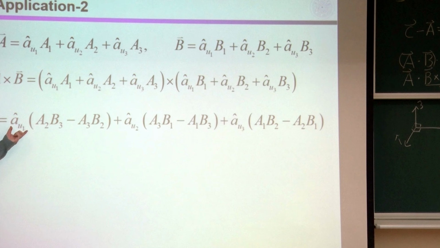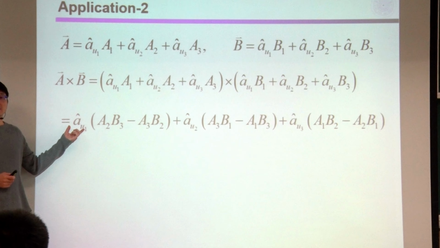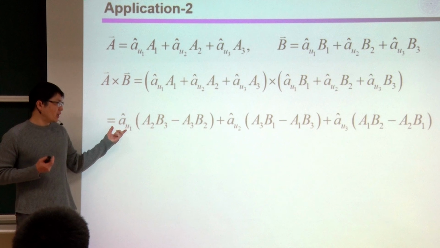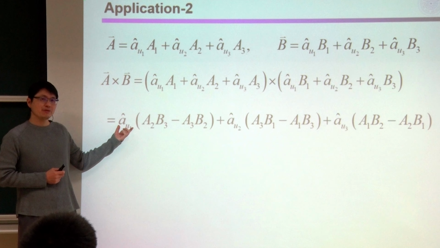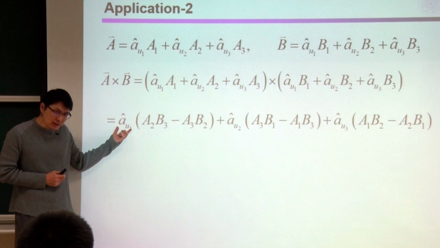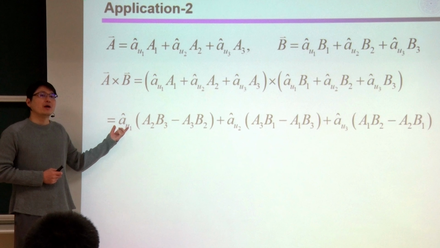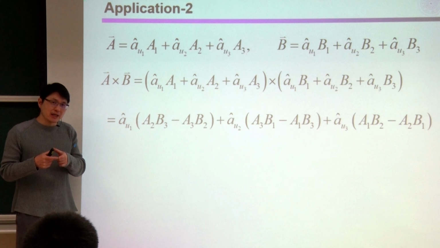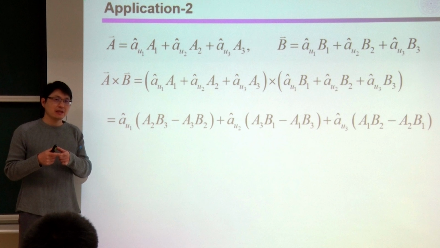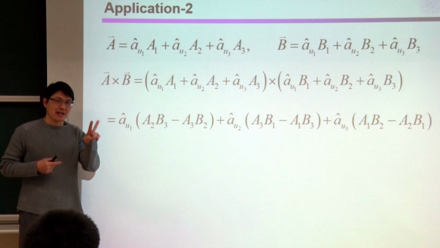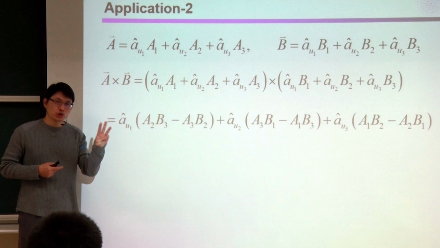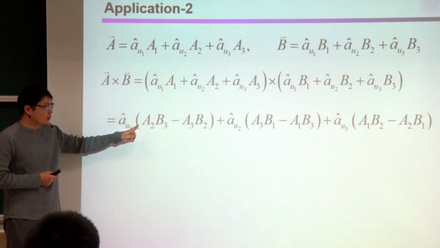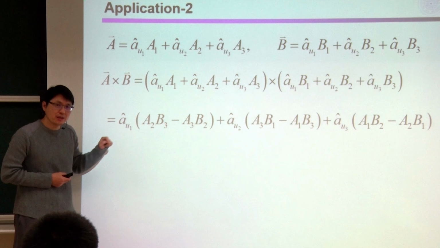So the result must be a vector, right? Surface number 1 is pointing in the unit vector 1 direction. Then the area must be provided by the lengths in the second and third directions. So when this is 1, you will have 2, 3.